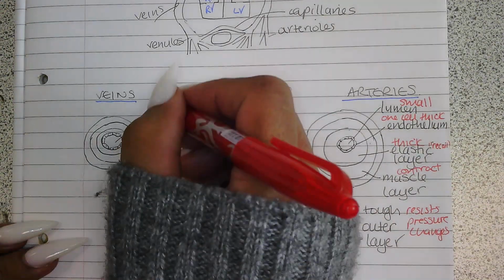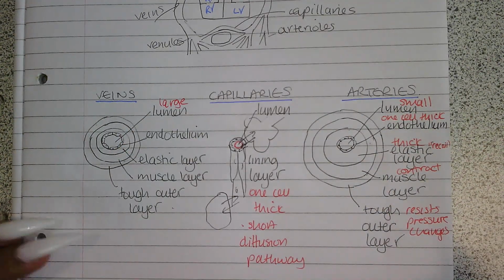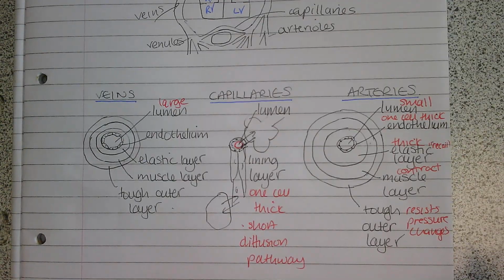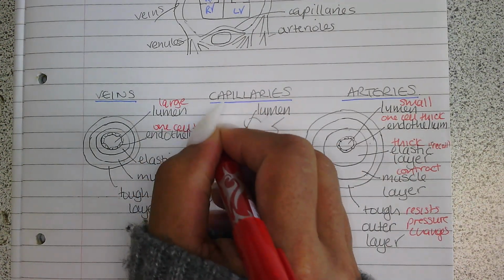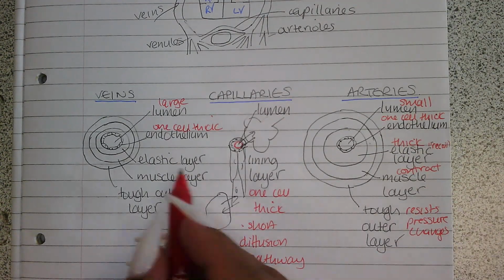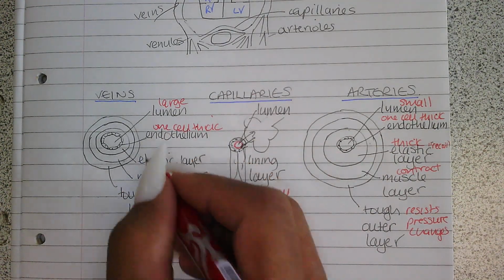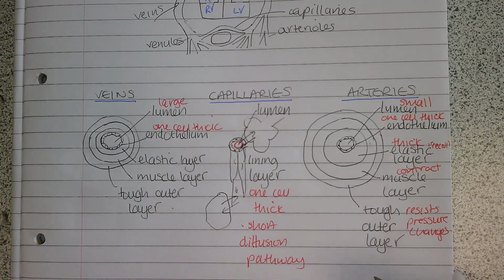Now veins have, compared to the arteries, a large lumen. The endothelial layer is still one cell thick, and the elastic layer is thinner compared to the arteries.